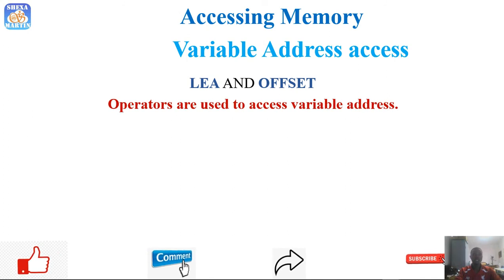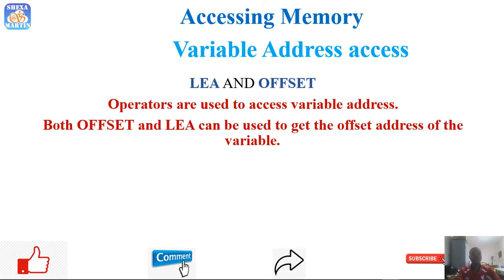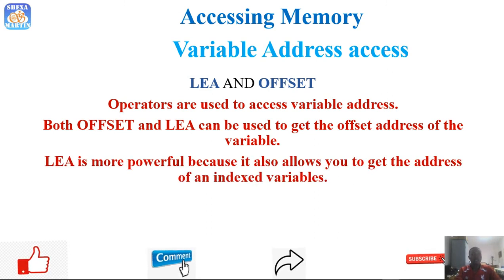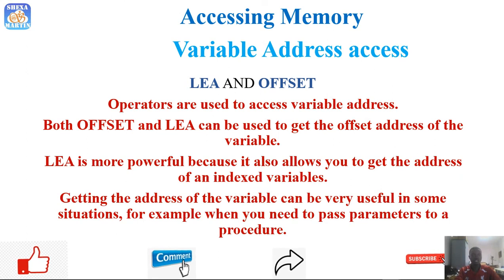These operators are used to access variable addresses. Both can be used to get the offset address of the variable. Load effective address is more powerful because it also allows you to get the address of indexed variables. Getting the address of a variable can be very useful in some situations, for example, when you need to pass parameters to a procedure.